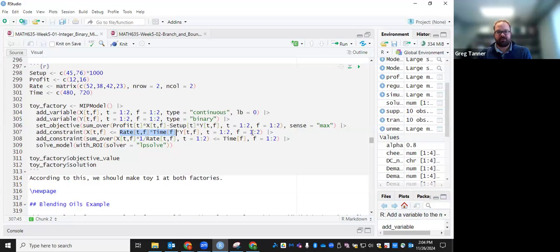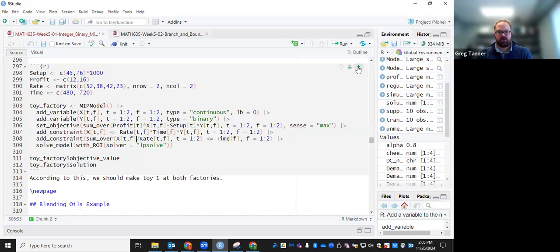So there'll be 4 copies of this constraint. And then this last one, I'm going to sum over the ratio of XTF divided by rate TF. I don't think I actually needed this one. I think I was debugging something earlier and stuck it in there. I'll try removing it and seeing if it makes a difference. And then that has to be less than or equal to the time that's available at that factory.